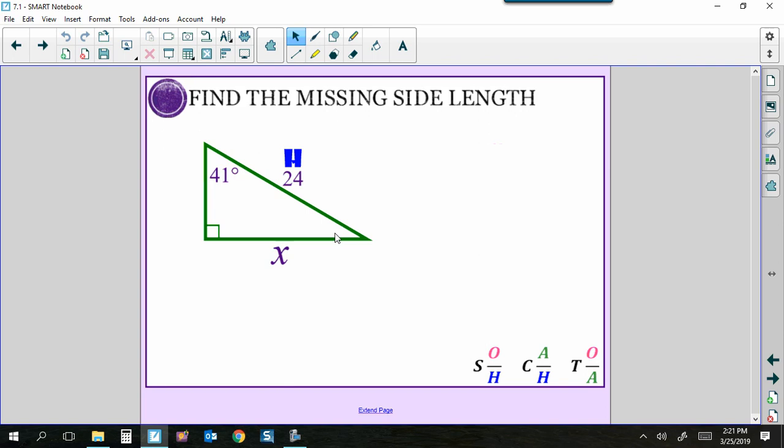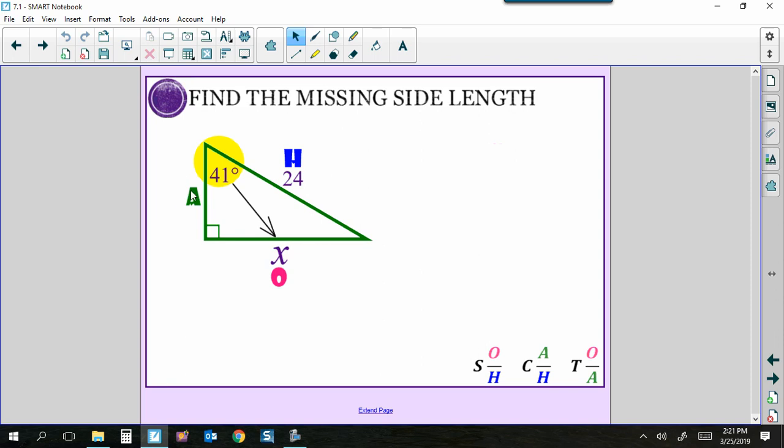The other one is like this, where it just says solve for x, or find the missing side length. So when you're asked to do this, I would recommend just using the angle you're given, in this case 41. So from 41 degrees, you're going to label your opposite and adjacent side. So remember, 41 is going to point to that opposite side, leaving you the third side, or the second leg, your adjacent side.